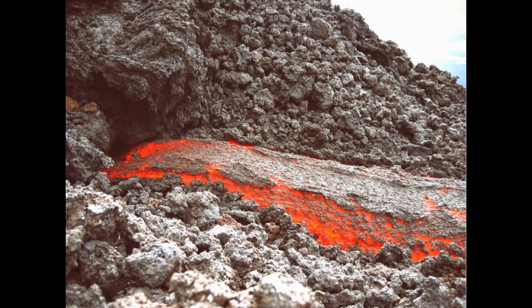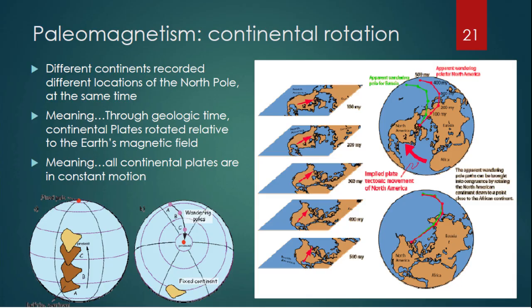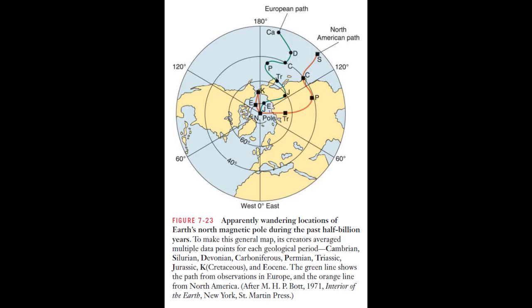When they cool, that orientation is frozen in the current state of the rock that we see today. This observable condition opens the door for studying the history of this magnetic field and how it has changed through time as well. Fun fact, it's been reversing back and forth a lot.